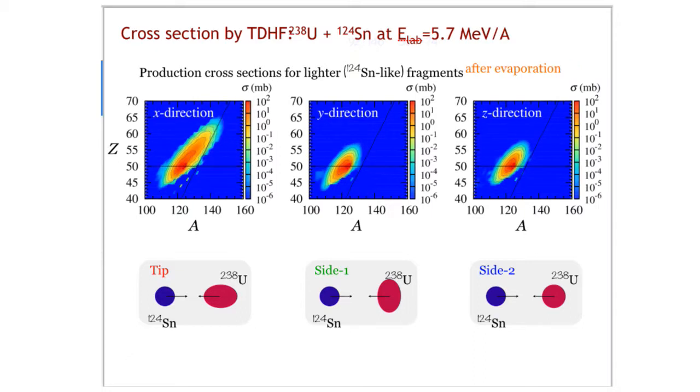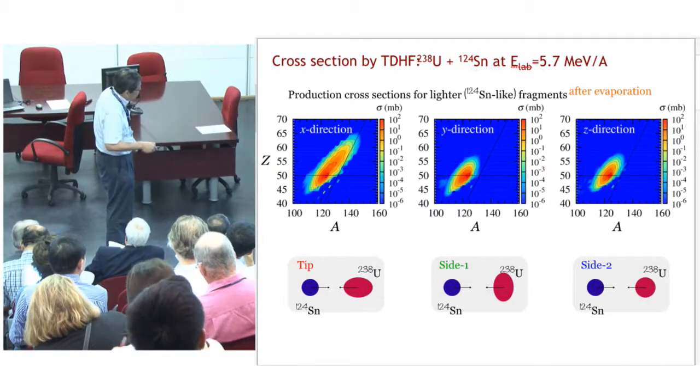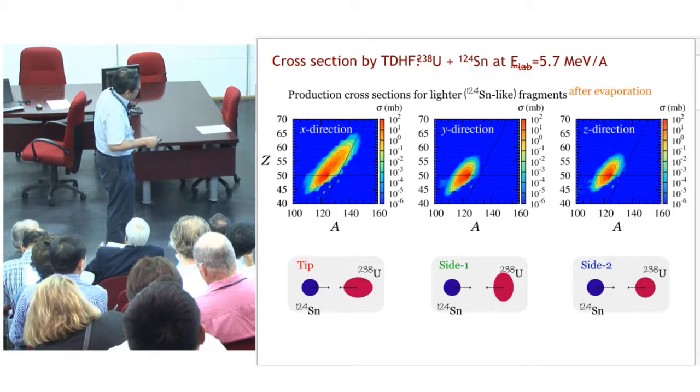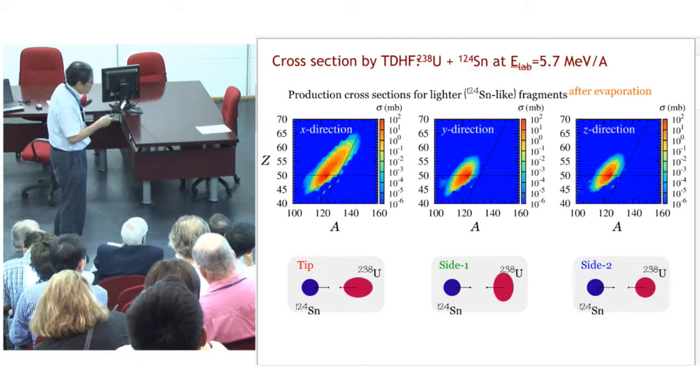After including the effect of evaporation, it is basically similar. So, comparing with the experiment, our calculation indicates that the transfer of many protons and neutrons observed in the experiment comes from this tip collision. That is our conclusion for this reaction.